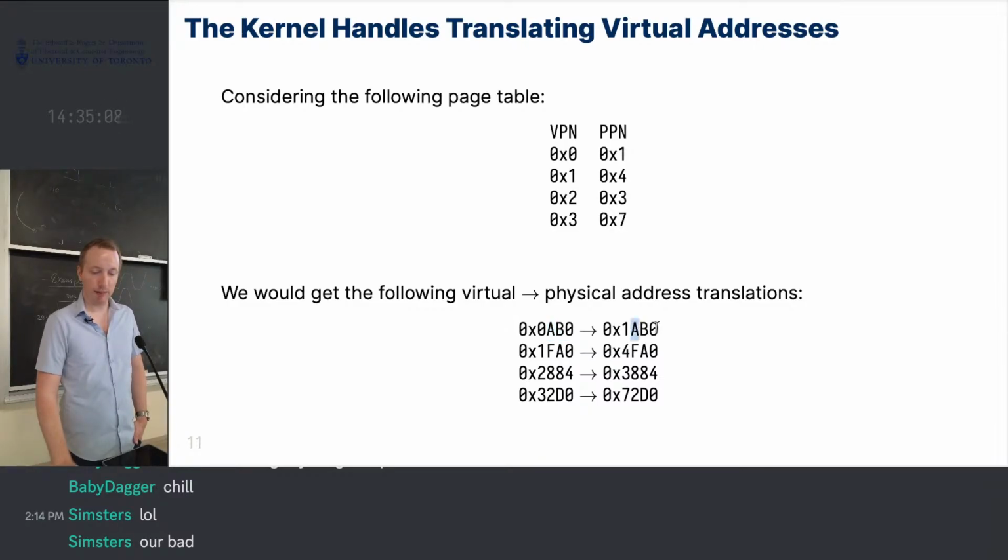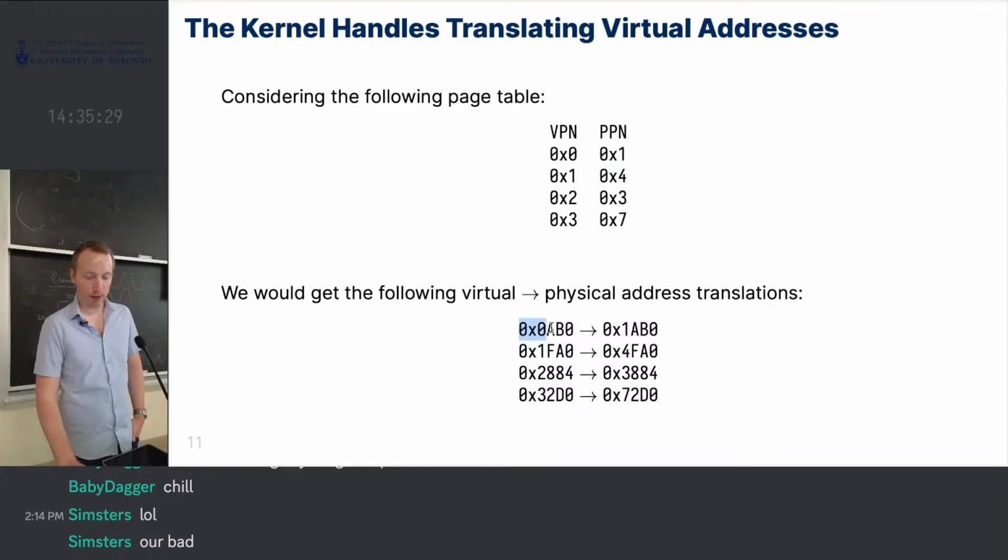So I would just keep them the same in my physical address, and then to look up the physical address, well, the rest of it is my virtual page number. So this is virtual page 0. I would go up, look at my table, and replace it with 1.